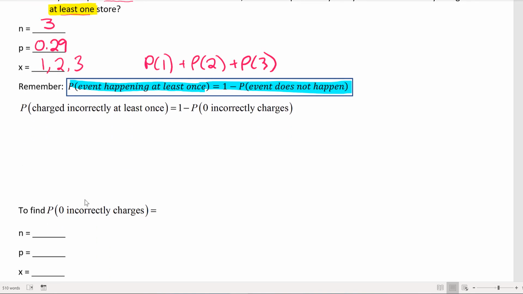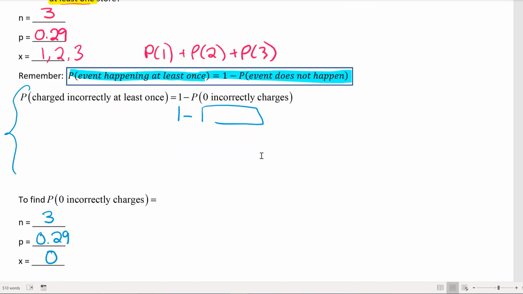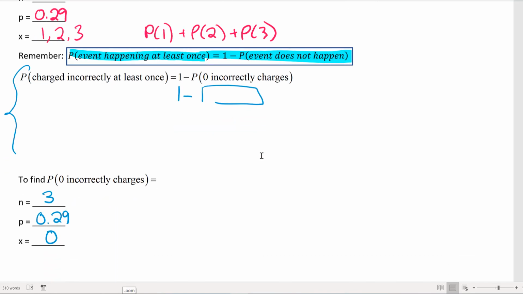So I'm going to use n equals 3, p equals 0.29, and x equals 0. If I can get the probability that we have 0 incorrect charges, then all I need to do is take 1 minus whatever that number is, and that's going to get me the probability of at least 1. Okay, so I'm going to ignore this middle section, and I'll be right back to it in just a moment, and just really find the probability of 0.